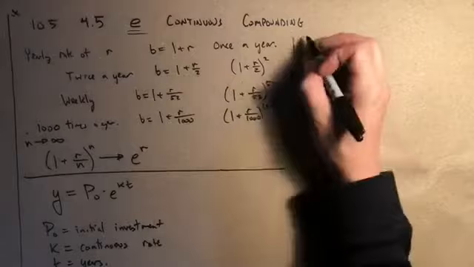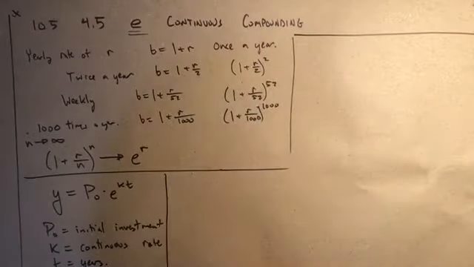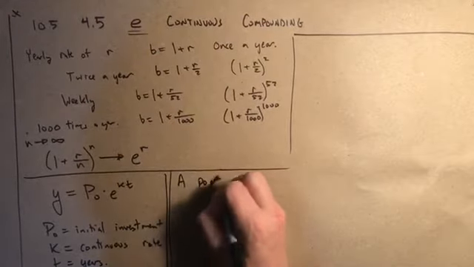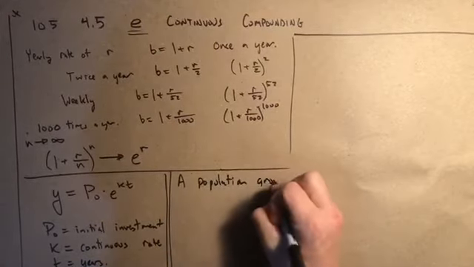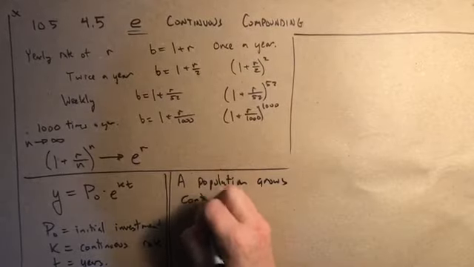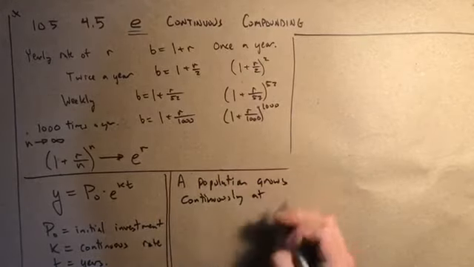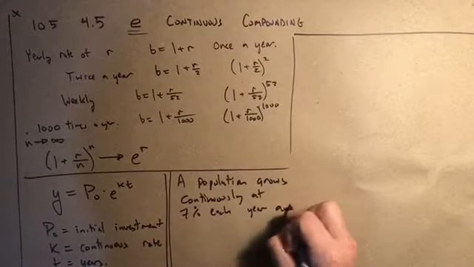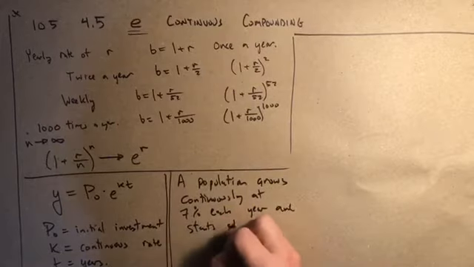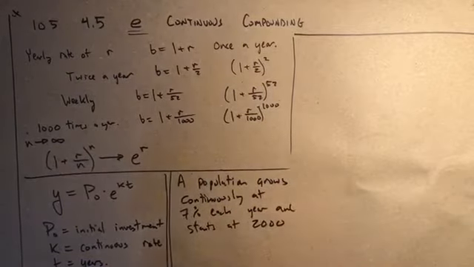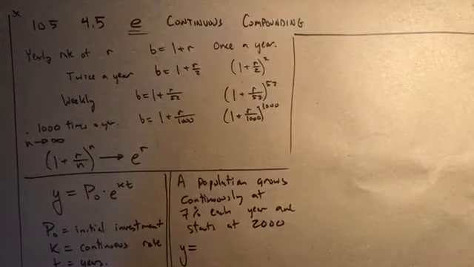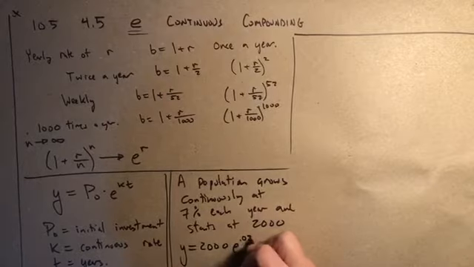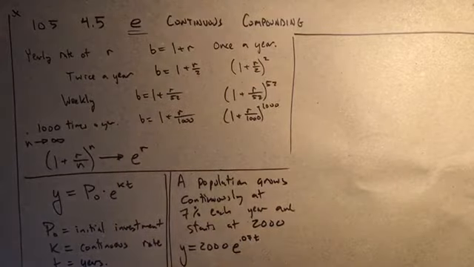So, for example, if I said that a population grows continuously at 7% each year and starts at, say, 2,000, y will be equal to 2,000 e to the 0.07t.